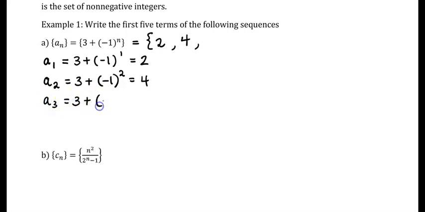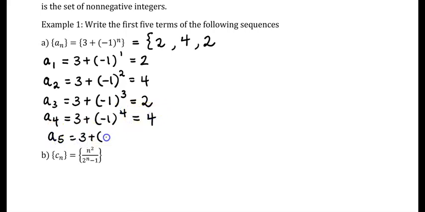So when you're looking for the nth term of the sequence, for instance, the third term of the sequence, you replace n with 3 and see what number you get out when you evaluate the formula, and that is your term for that sequence. I'll continue in this pattern to find the first 5 terms. So I found the first 5 terms of the sequence.